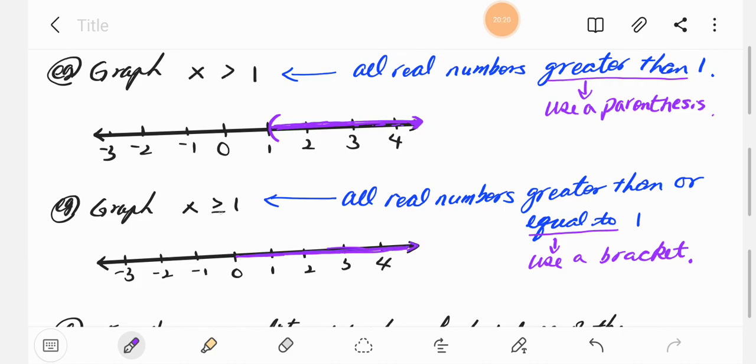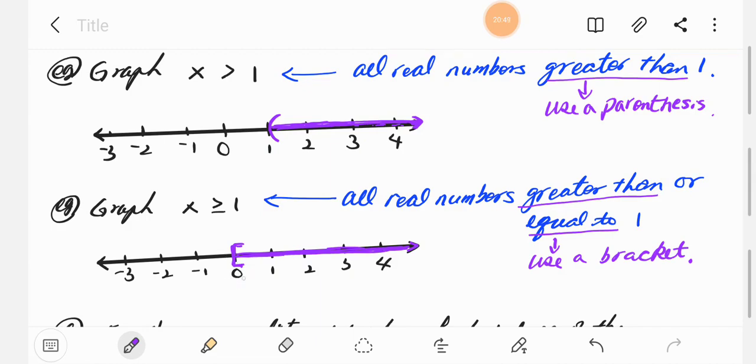And since there is an equal sign, 1 is included, so use a bracket. Greater than means put the line on the right of the number 1, and equal to means include 1, so we use a bracket.